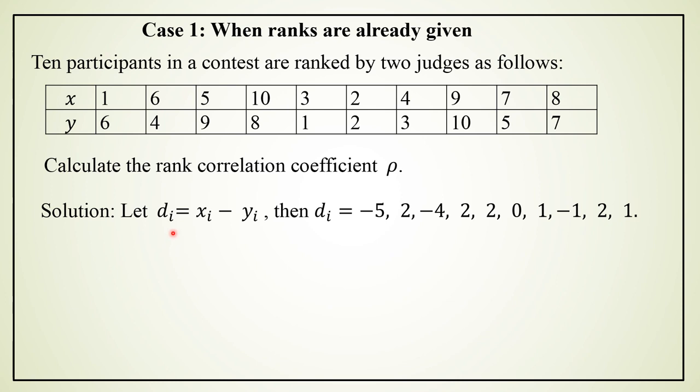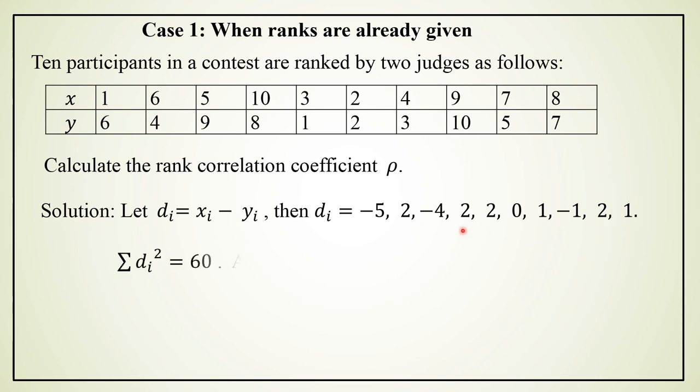So di is equal to xi minus yi, that is 1 minus 6, that is minus 5, 6 minus 4, 2, 5 minus 9, minus 4, 10 minus 8, 2, 3 minus 1, 2, 2 minus 2, 0, 4 minus 3, 1, 9 minus 10, minus 1, 7 minus 5, 2, 8 minus 7, 1.